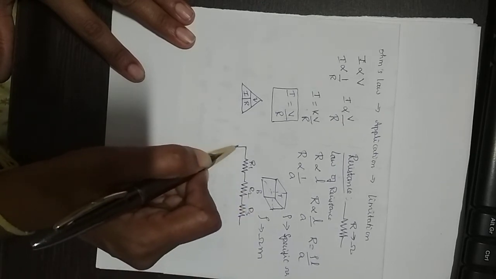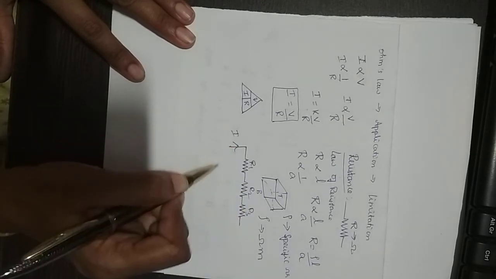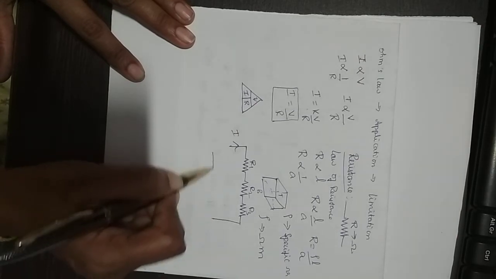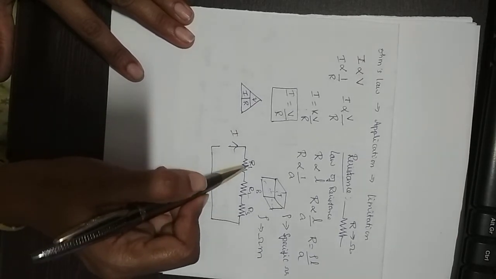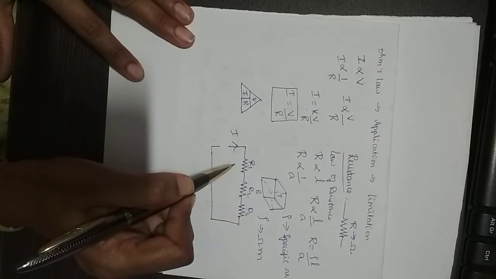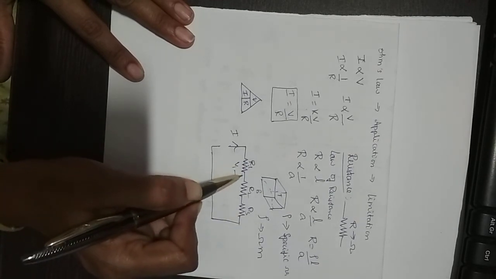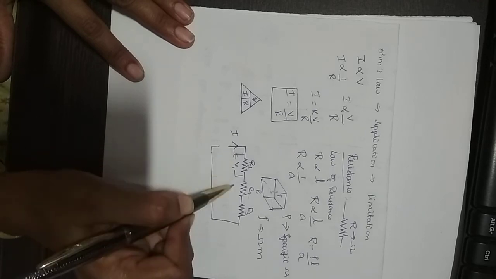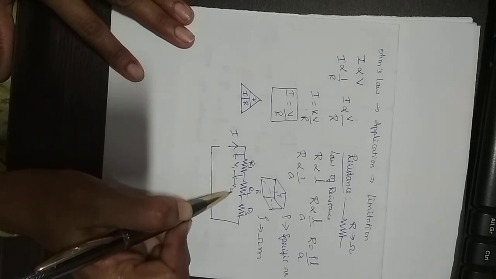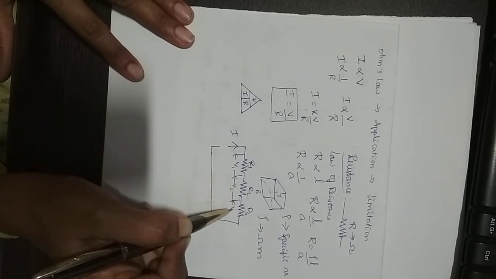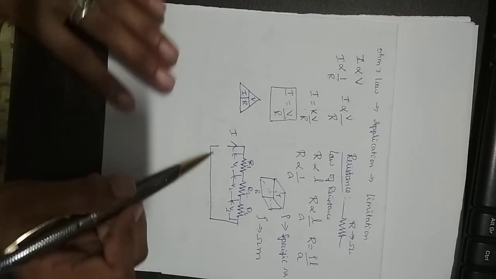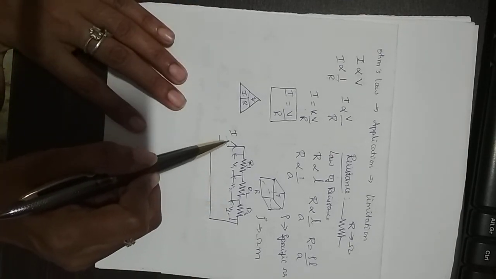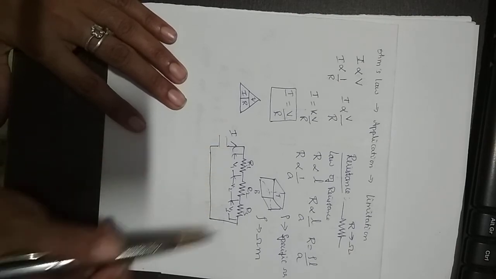When current flows through this circuit, the same current flows through R1, R2, R3, but different voltage drop, that is represented as V1, V2, V3, voltage drop across R1, R2, R3. So in case of series circuit, current is same, voltages differ.